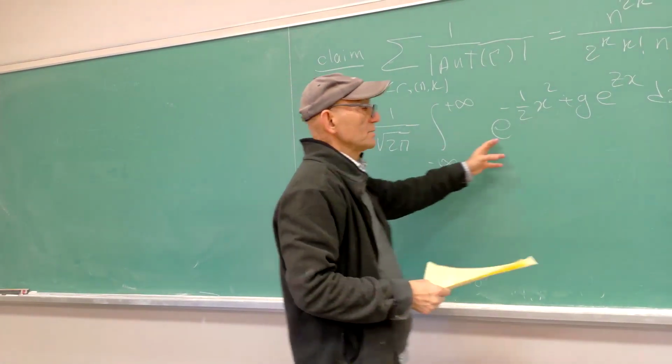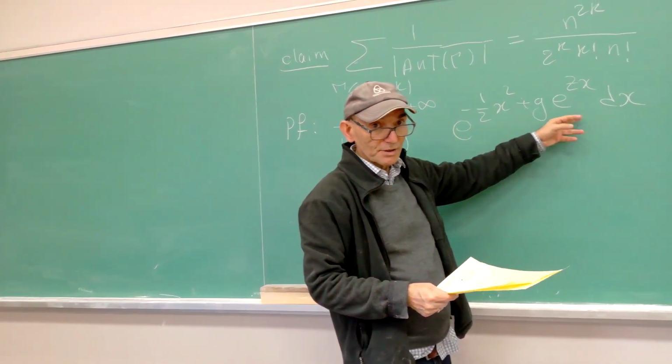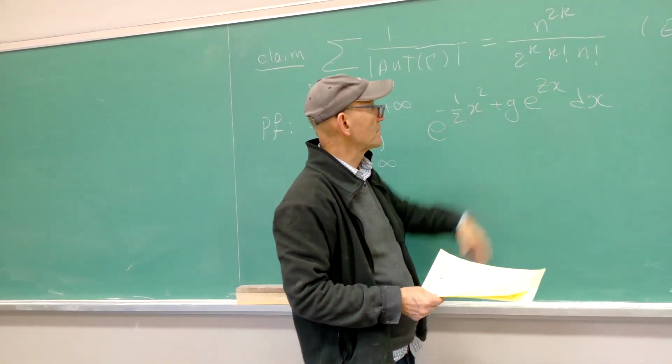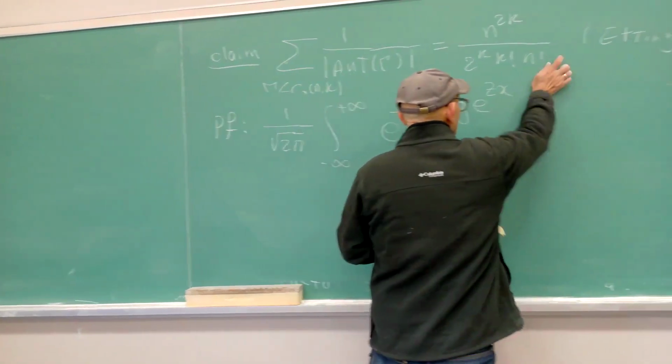This is a kind of complicated potential we are putting on the interaction term, which is g exponential of zx.